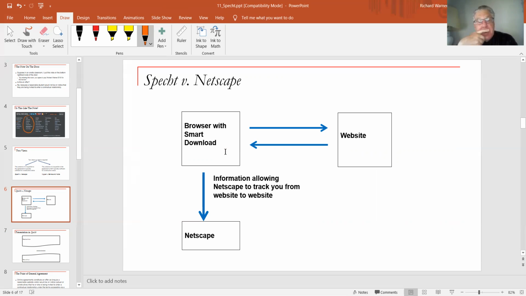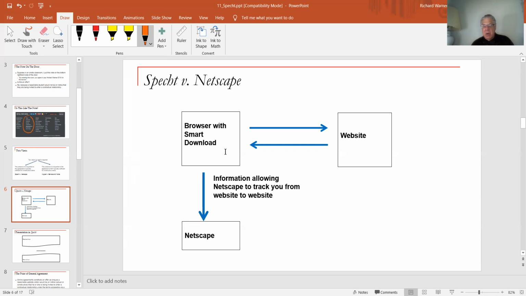So Smart Download says, we're going to solve a problem that this unreliability creates. The problem was that if you were downloading a big file, like a big graphics file or big video file, especially a whole movie, it would take a very long time, and chances are good that you would lose your connection over that really long period. And when you lost the connection, you had to completely start the download over. Netscape says Smart Download solves that problem.